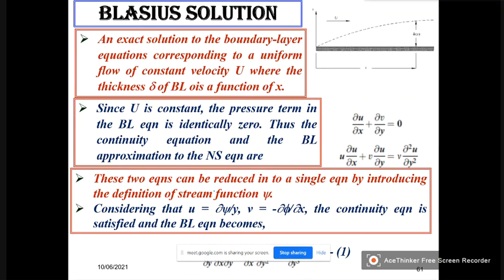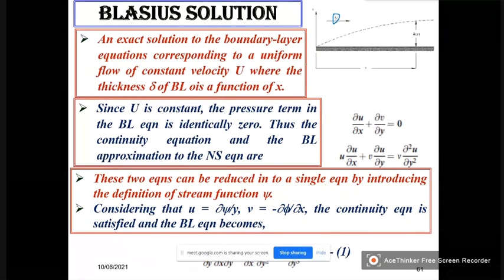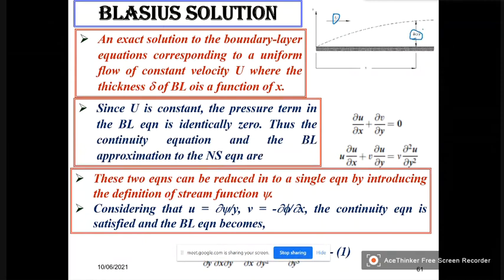An exact solution to the boundary layer equations corresponding to a uniform flow of constant velocity. These are all the regular routine things which we take. See, constant velocity u, and delta is a function of x.